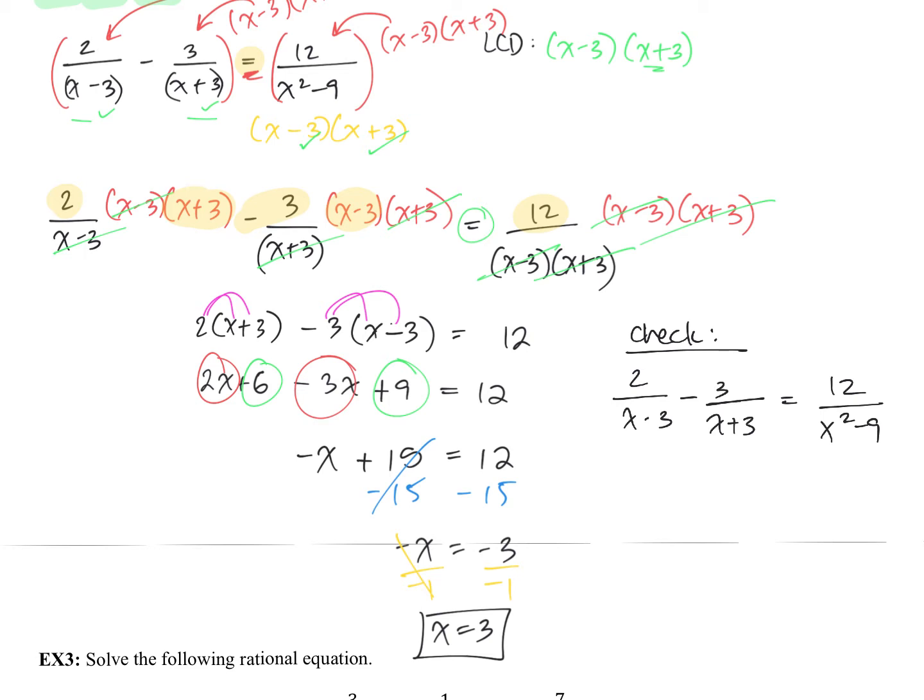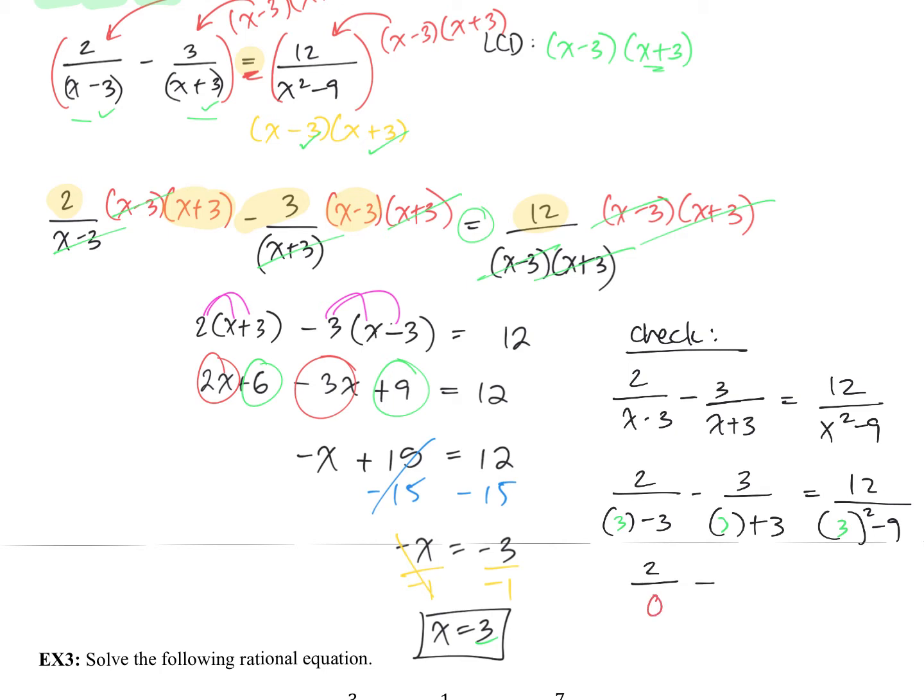Okay, so let's go ahead and plug in our answer for our variable. Let me go ahead and set that up. So we had 3, so 3, 3, 3. And we plug it in, we get 2 over 3 minus 3, ooh, which is 0.